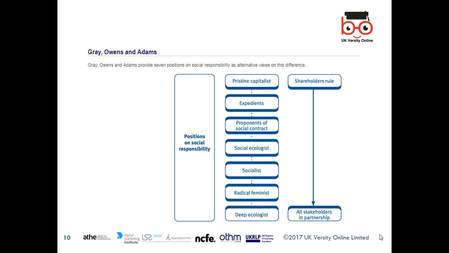So these are the different stakeholders, different groups. So shareholder value to all stakeholders in partnership: as a company, we need to look after all the stakeholders. Those are the social ecologists.